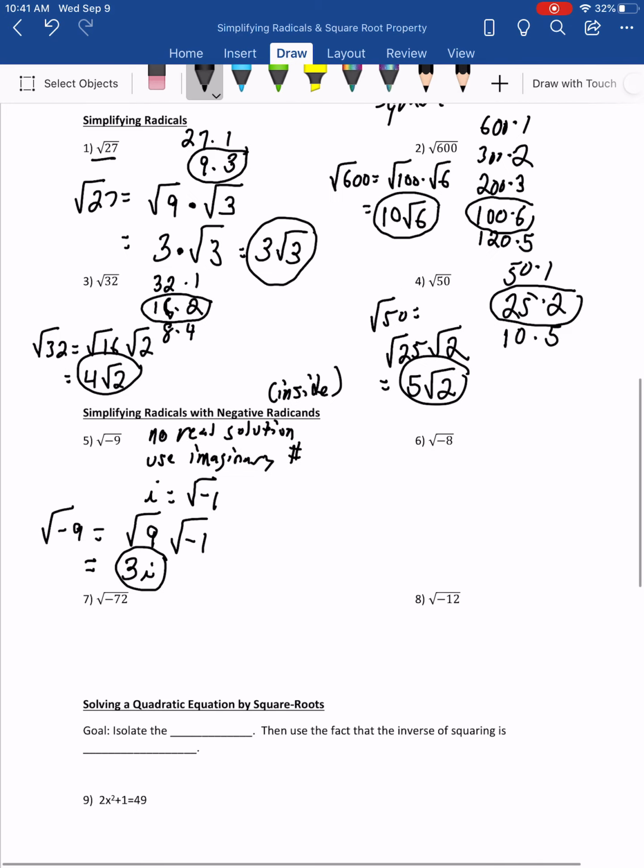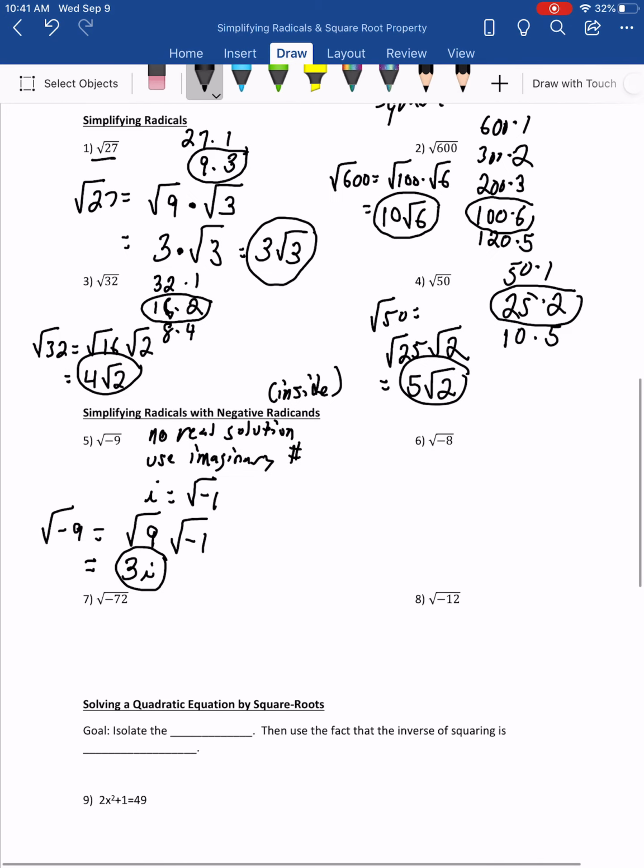Okay, x squared equals 45. So we already have the square isolated. We're going to take the square root of both sides and add a plus minus. So x is going to be plus or minus square root 45. Looking at the factors of 45, 45 times 1, 15 and 3, and then 9 and 5.